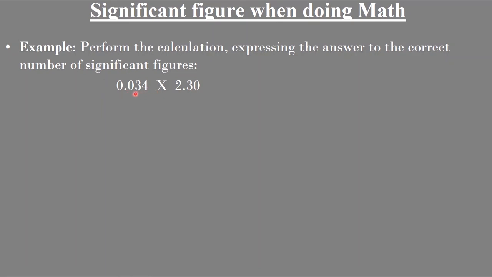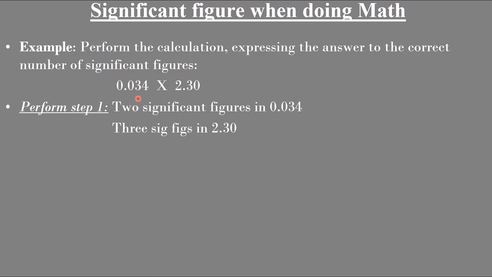So the first measurement has two significant figures, and in 2.30, the trailing zero after a decimal is always significant. So three significant figures in this measurement and two significant figures in the other. And remember that our answer can have the least number of sig figs. So if we identify 2 as the smallest number, our answer will have only two significant figures.